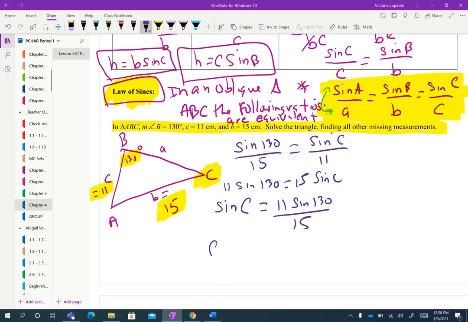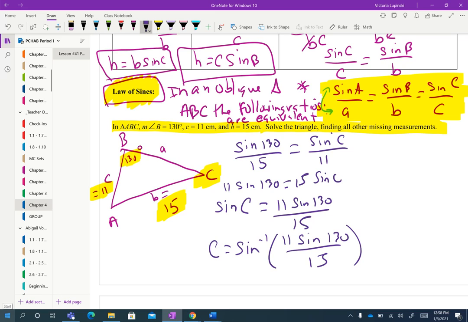To get the C by itself, hopefully you remember that you're going to have to do the inverse sine of this entire expression. So 11 sine of 130 divided by 15. You have to be really, really careful every time you're doing these kinds of problems using the calculator. So you're going to hit your second sine.